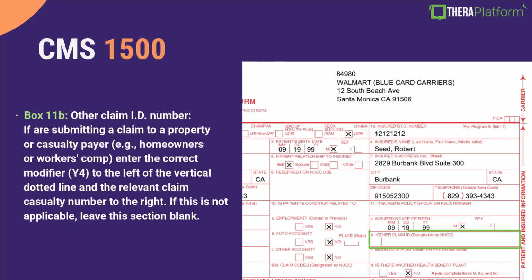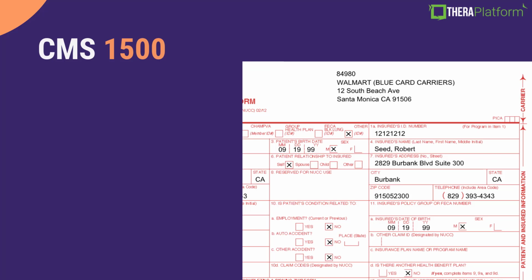If you're submitting a claim to a property or casualty payer such as homeowners or workers' comp, you would have to enter the correct modifier to the left of the vertical dotted line and the relevant claim casualty number to the right. If this is not applicable, you can leave this section blank.